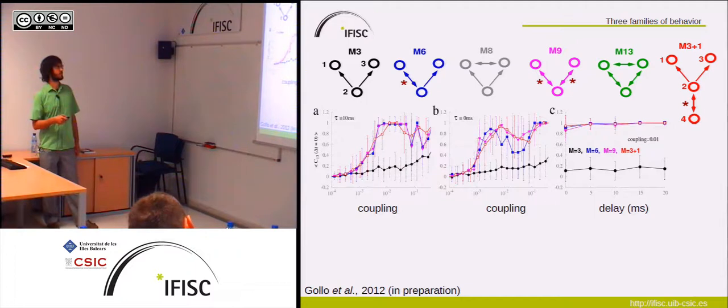Nodes 1 and 3 are synchronized, and these two are synchronized with 4. But in the three motifs, node 2 is synchronized. So the motif M3, the common driving, does not show large zero lag synchronization between nodes 1 and 3 for the different coupling strengths. But the other motifs, even for very weak coupling, already show large synchronization of nodes 1 and 3.